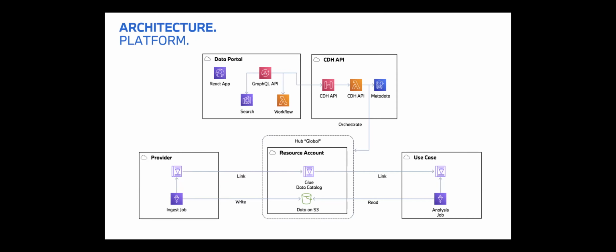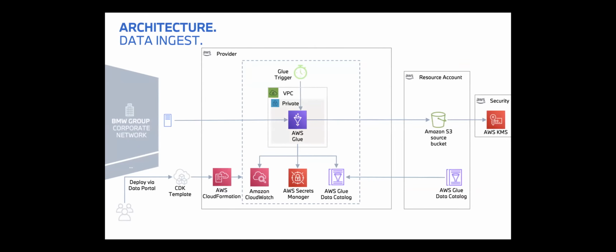So zooming in a little bit more on the provider. There we typically have those data ingests, as I showed you in the portal. You can either create that via the data portal with the CDK stack, but we also have Terraform modules for doing that. And basically, it looks very similar to this diagram here, where you have a Glue ETL job, which is triggered by a Glue trigger. And this Glue ETL job reads from databases which are either hosted on-prem or in other AWS accounts.